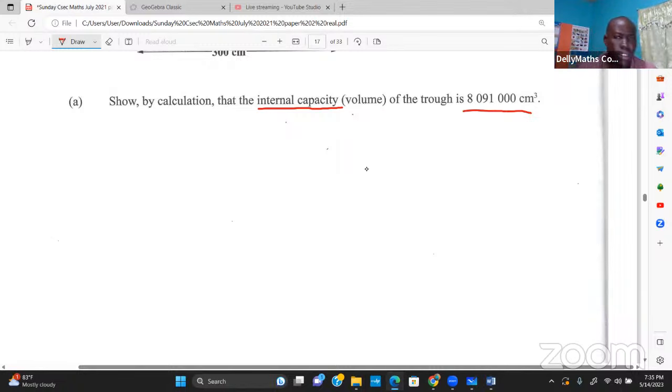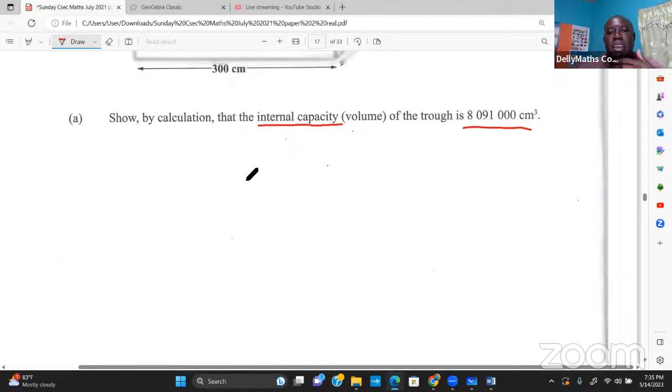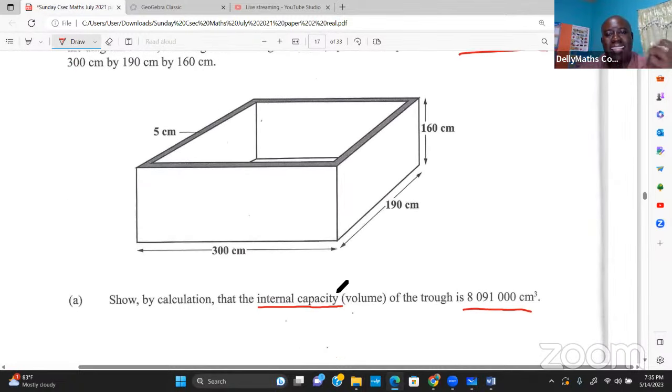So what we're going to do is make the adjustment for the inside. If we're looking at this here, inside, you're going to take 5 off this, 5 off that. So you realize 10 is coming off. 5 is going to come off here, 5 is going to come off here. Remember, it's inside.